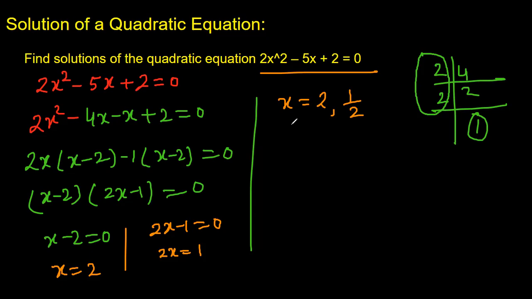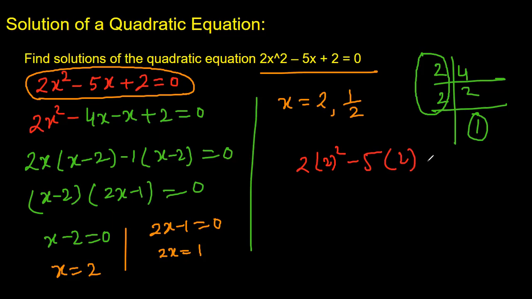Now, we can actually check also by substituting these values in this expression, it should satisfy. I mean, left hand side and right hand side should be equal. As we see, right hand side is already 0. So if we substitute x is equal to 2 in this equation, what we get? 2 into 2 squared minus 5 into 2 plus 2. 2 squared would be 4.